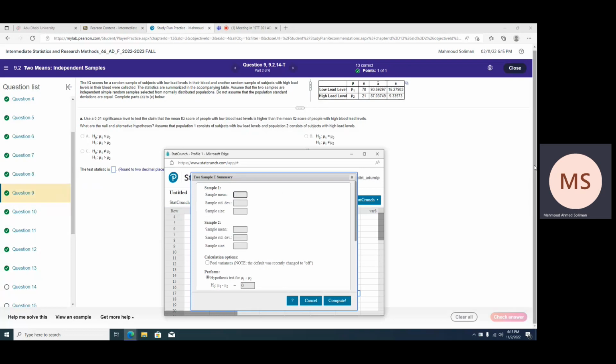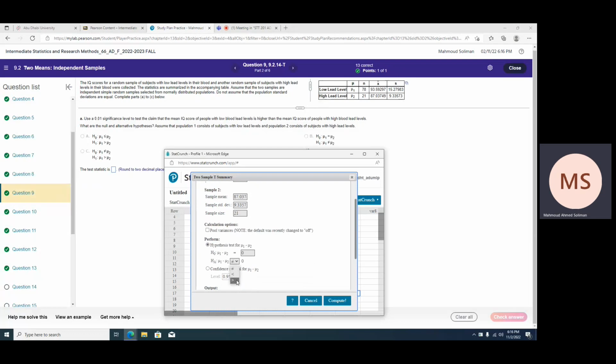As it's written, the mean of sample 1 we have to read. 15.27983 and the sample size, and the mean is 87.03749, 9.33573, 21.